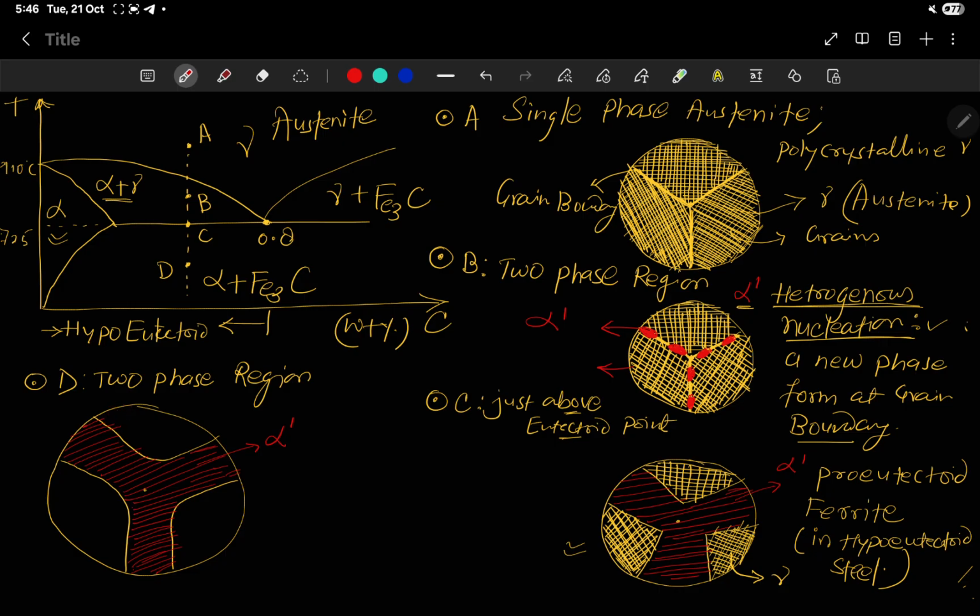Okay, so just draw this. I'm drawing this with a different color to make a clear distinction between the phases.